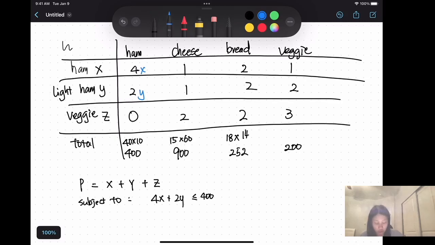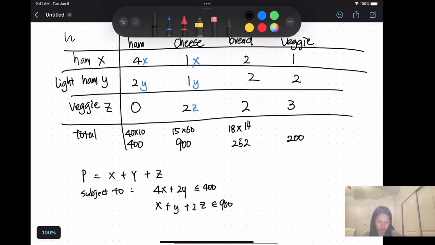Similarly, for the cheese, you use x amount of cheese for ham, 1 y for light ham, and 2 times z slices of cheese. So the constraint should be x plus y plus 2z less than or equal to 900.